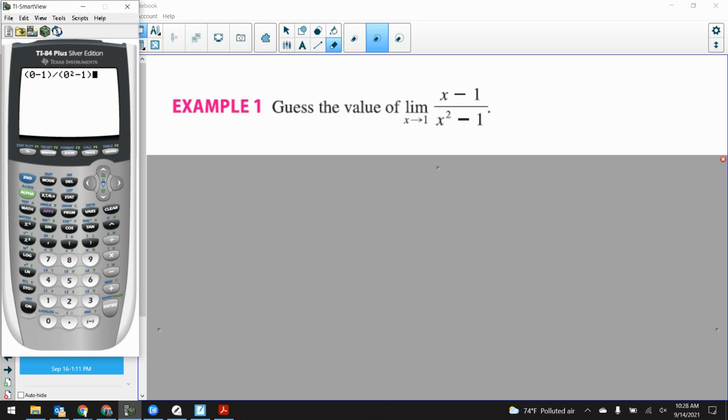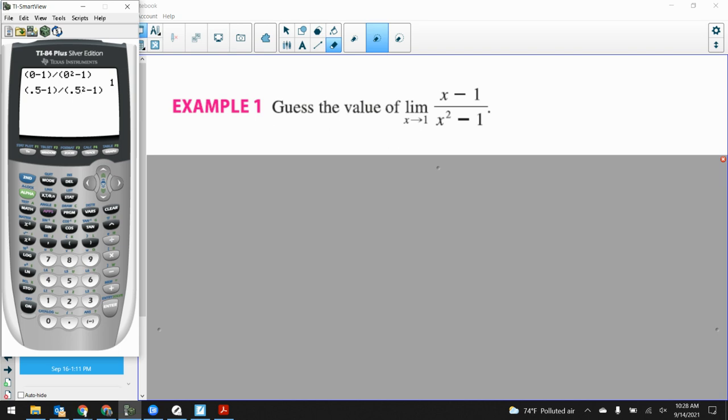Okay, so if I plug in 0, I get 1. Well, let's get closer to 1. So instead of plugging in 0, I'm going to plug in 0.5.